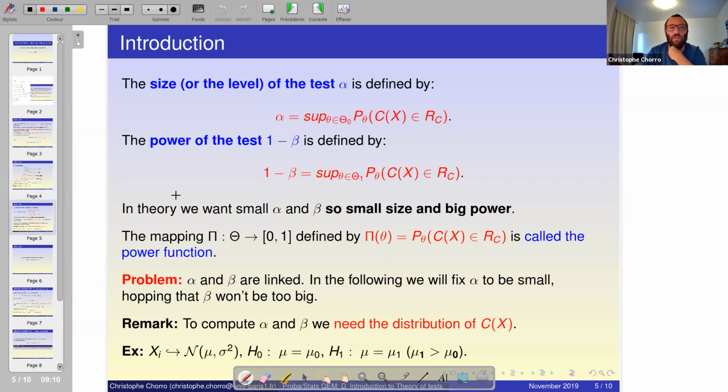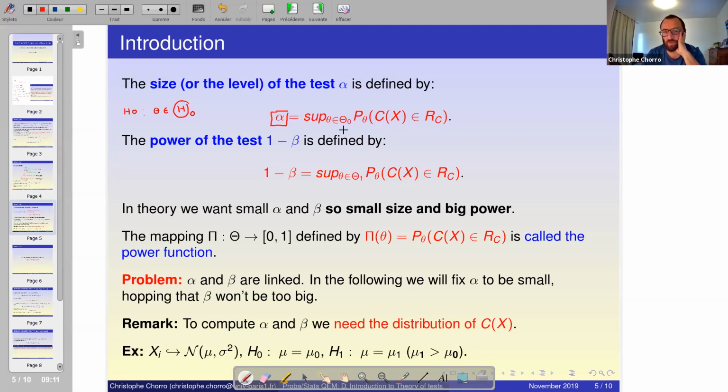What we call the size or the level of a test is the following number. It is alpha, the size of the test, that is the supremum over theta in big theta 0, remembering that H0 is theta belongs to big theta 0, of the probability that, under theta, the statistic C of x belongs to the rejection region.